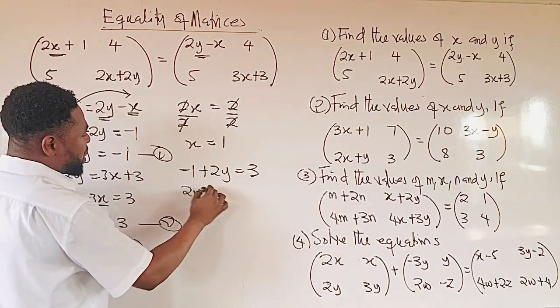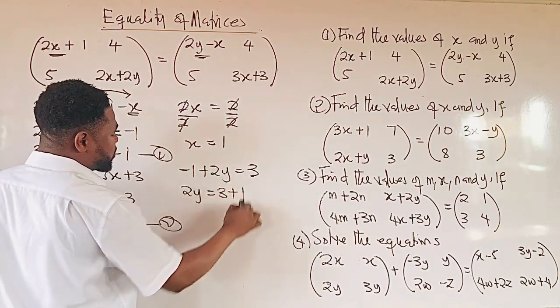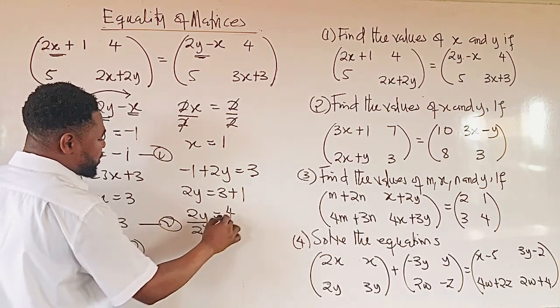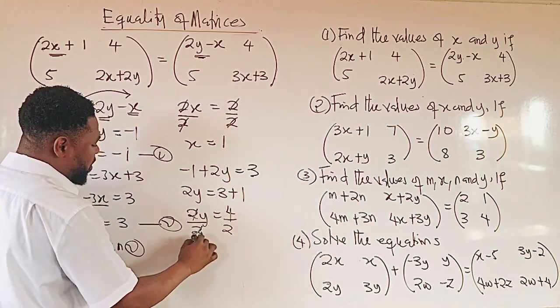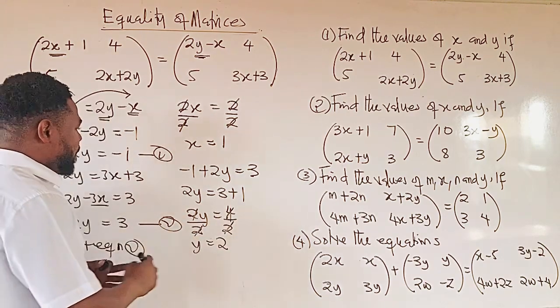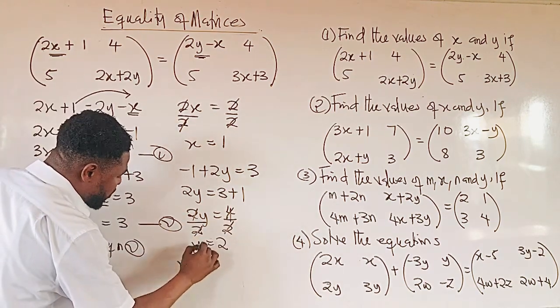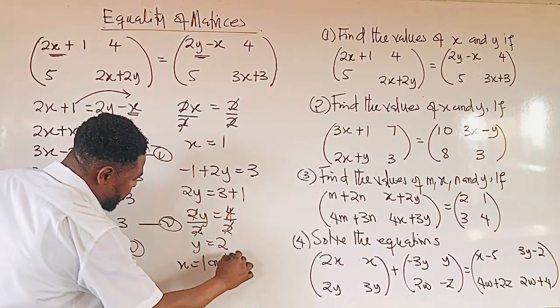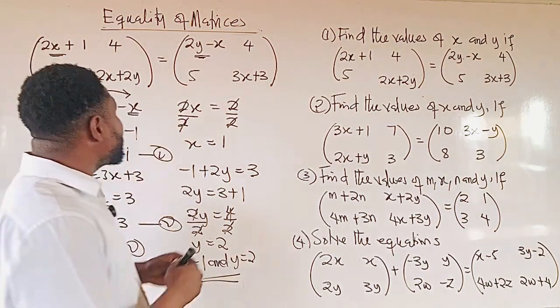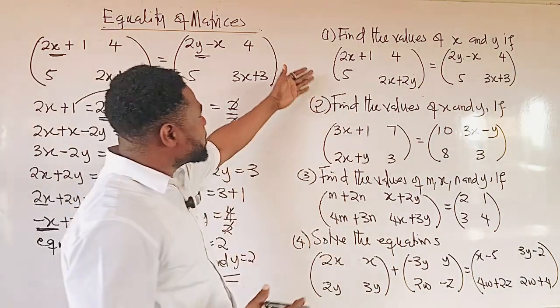So I have 2y equal to 3 plus 1, 2y equal to 4. I divide through by 2 to get my y, and 4 divided by 2 will give me 2. Therefore, x equal to 1 and y equal to 2. Viewers, this is how we can find x and y in this question.